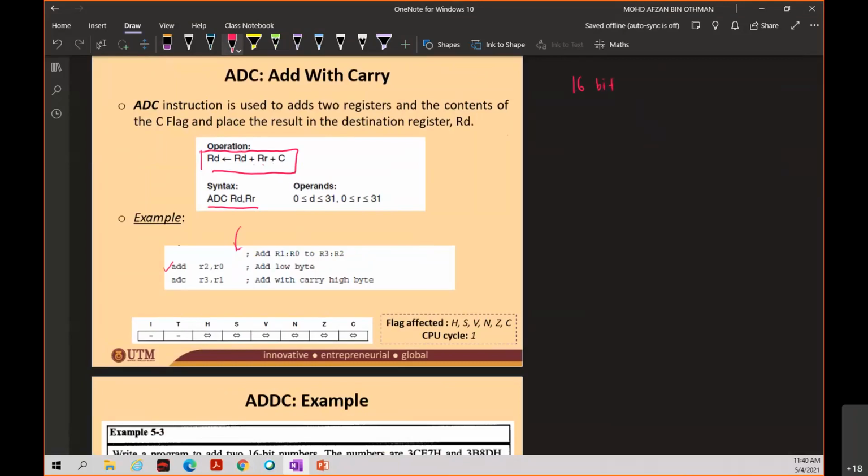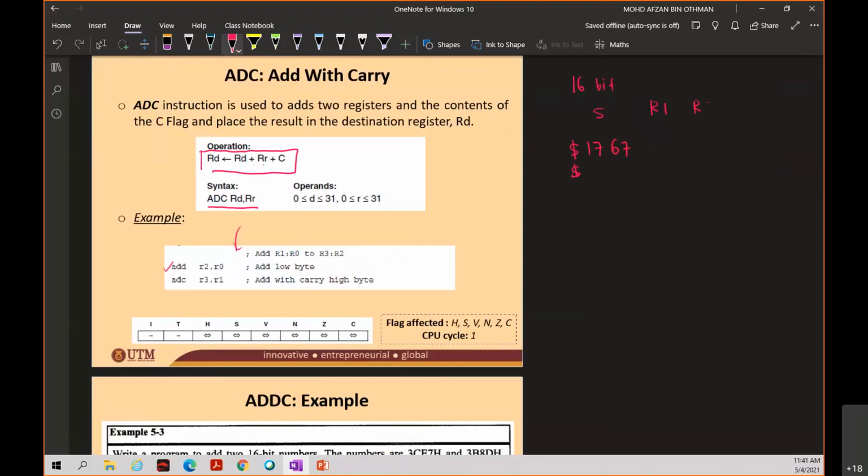For example, this 16-bit data, the first 16-bit value is something like this. Okay, you have this value here, so this is the 16-bit value.